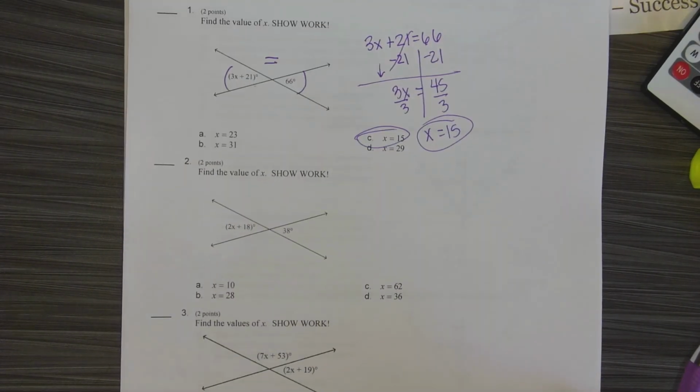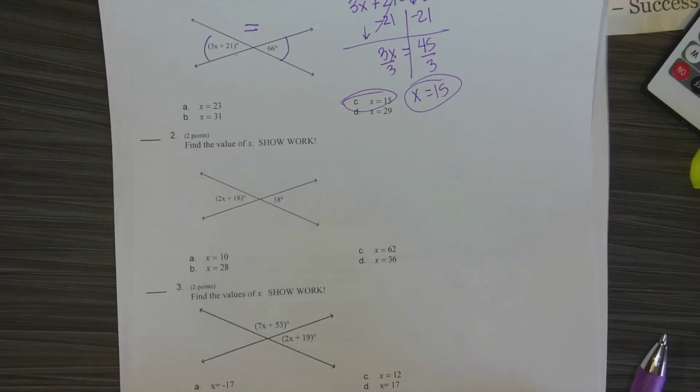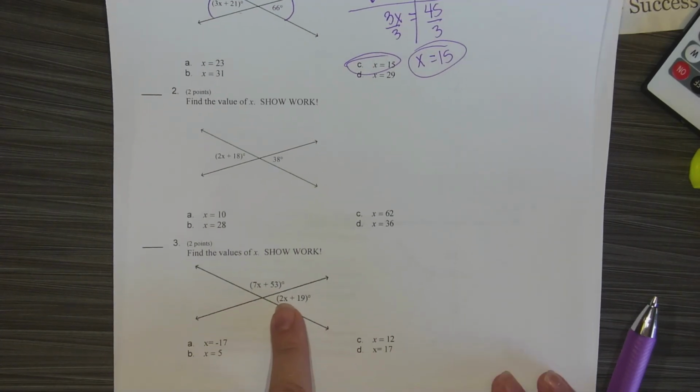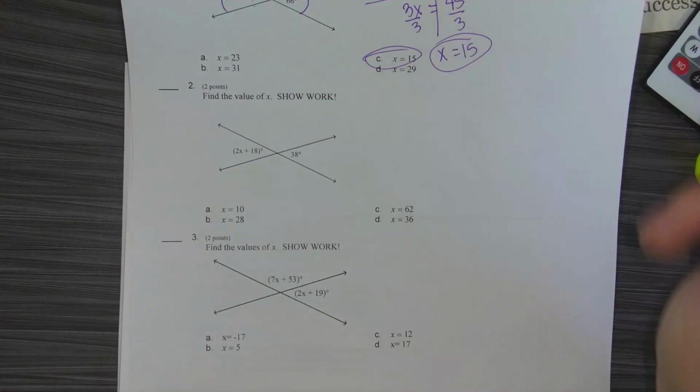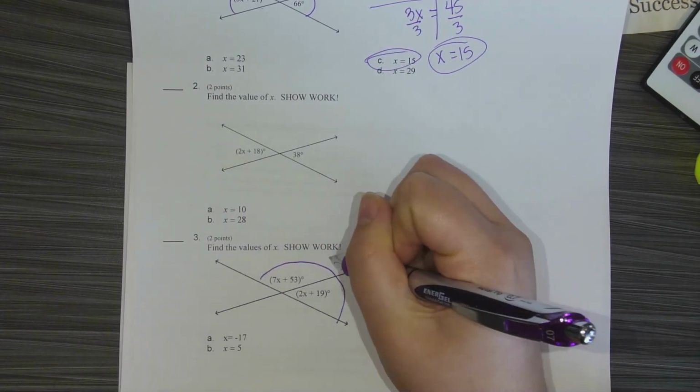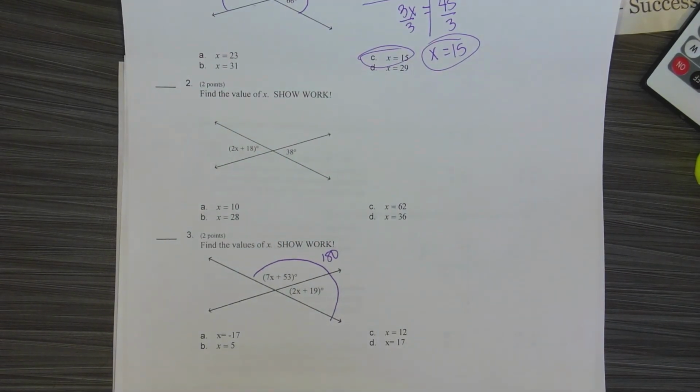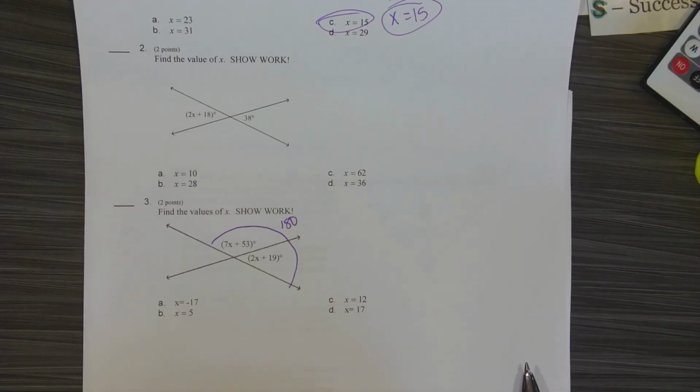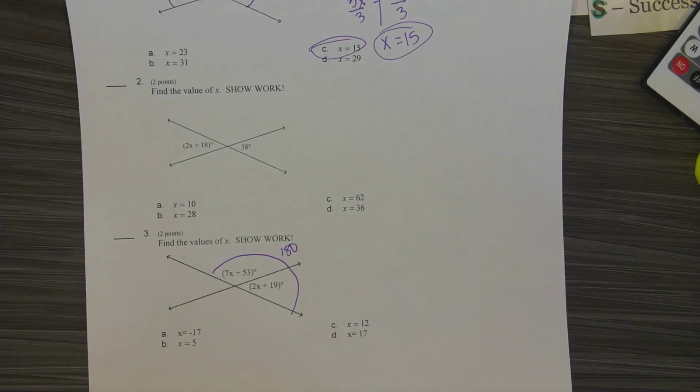Next problem was number 3. This is complementary angles. One thing that we know about complementary angles is that they're going to add up to 180. So when you see degrees that are right next to each other, this is going to be adding up to 180 degrees.